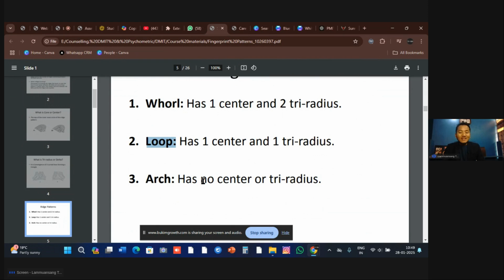When you see no center and no tri-radius in the finger, it means influential personality. And when you see double wall, it is not written here, with two centers and two tri-radius, it means compliant personality.